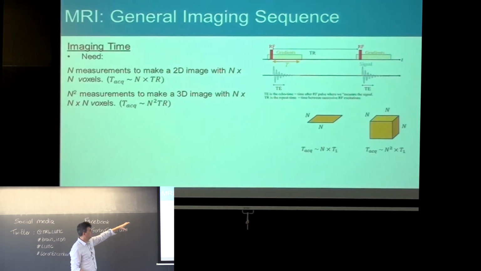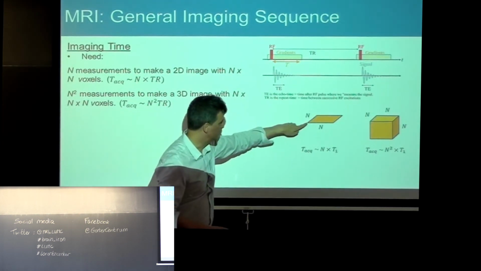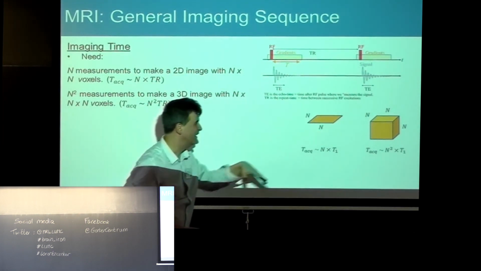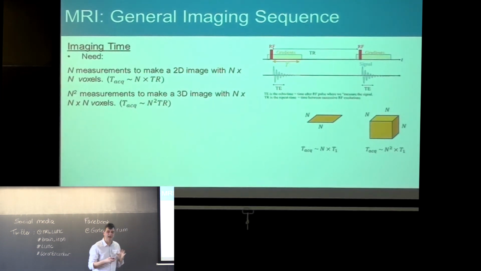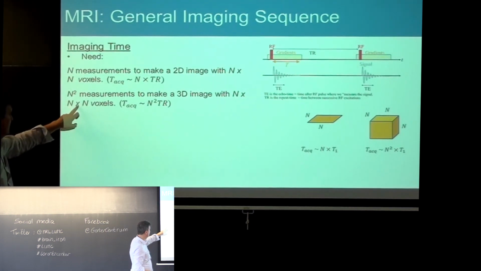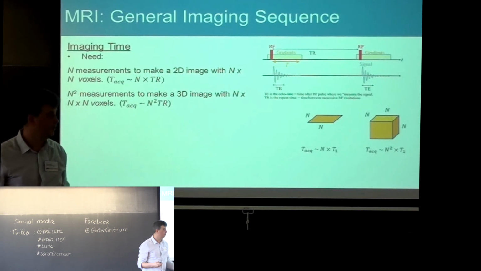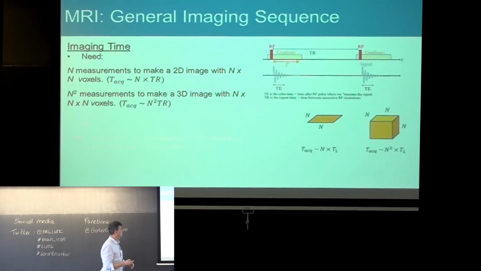So to make a two-dimensional image with n by n voxels, so n voxels along this side, n along that side, it takes roughly n times TR to make that image. If you want to make a three-dimensional image, which we often do, which is going to have n cubed voxels, then it takes about n squared times TR to make the image.